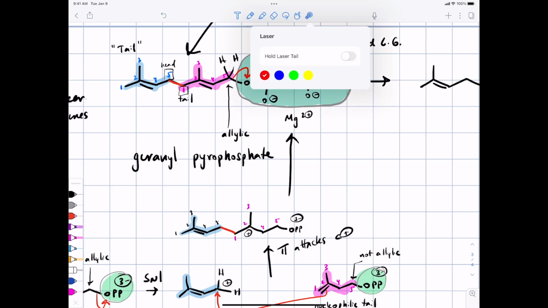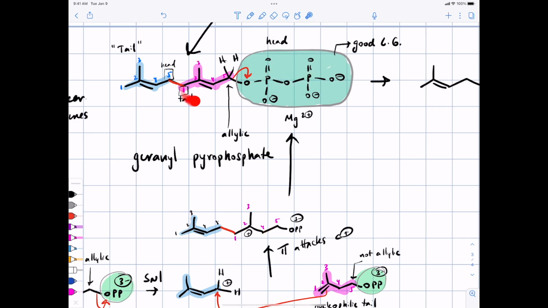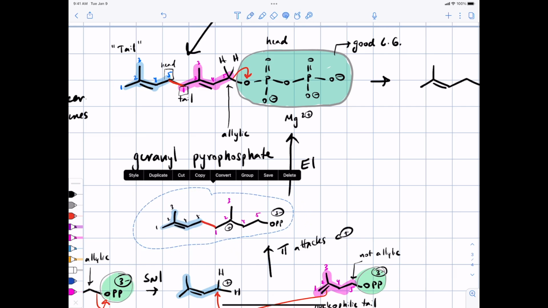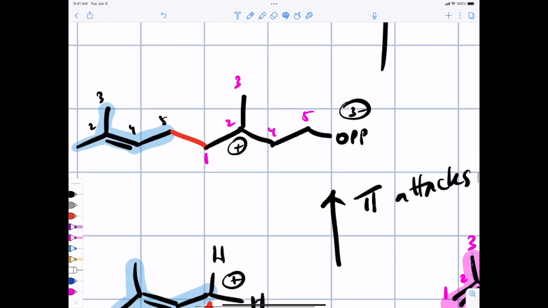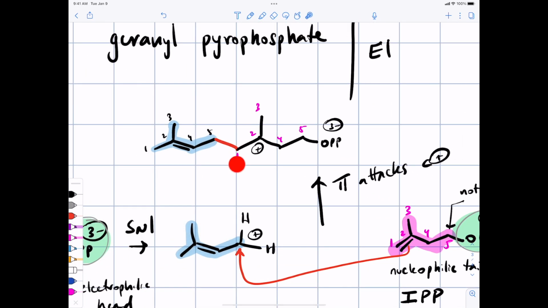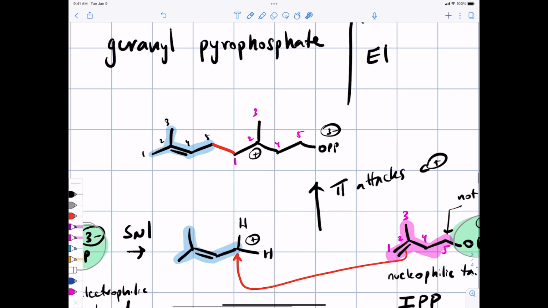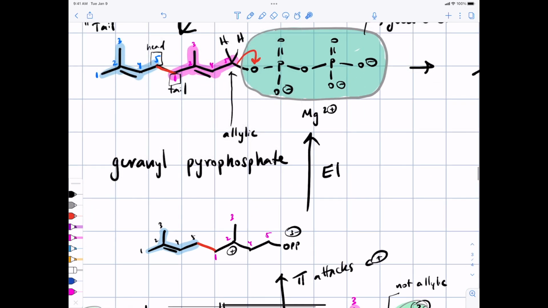What kind of reaction gets me from here to here? Right, E1 style elimination of a proton that's beta to a positive charge. Now, look at that. How many protons beta to a positive charge do I have? Got a lot, right? 3 different carbons that are beta to the positive charge. Which one gets removed to give me this product?